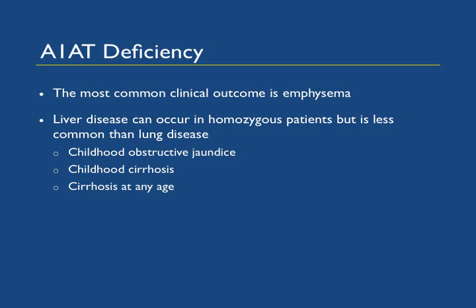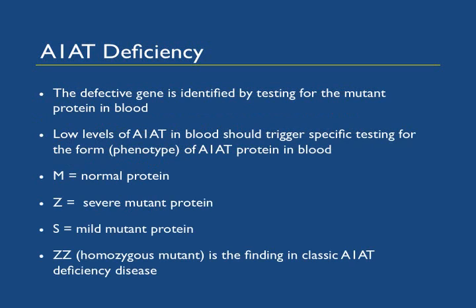Liver disease can occur in homozygous patients, although it's much less common than lung disease. Liver diseases can present as childhood obstructive jaundice, childhood cirrhosis, or cirrhosis at any age. The defective gene is identified by testing for the actual mutant protein in blood. This is the one genetic disorder where a blood protein is actually diagnostic.